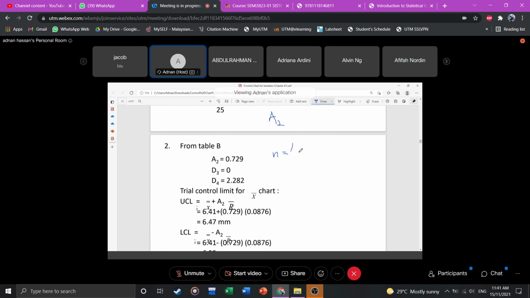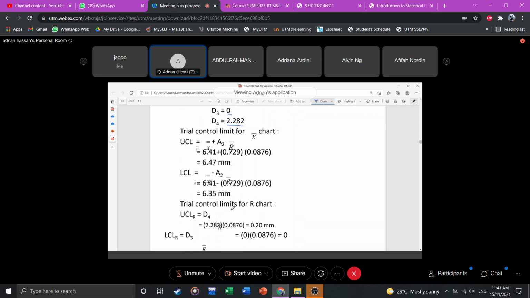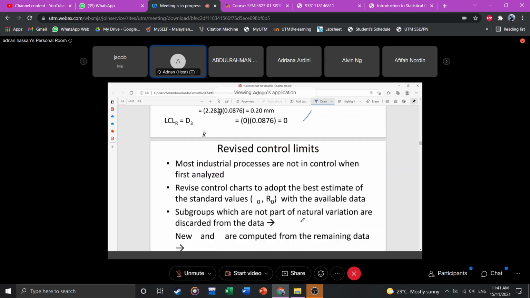Look in the table for n equal to 4. So A2 is 0.79, D3 is 0, D4 is 2.282. This is just looking at the table, and then we plug into this formula and you get these values. I think it's straightforward.